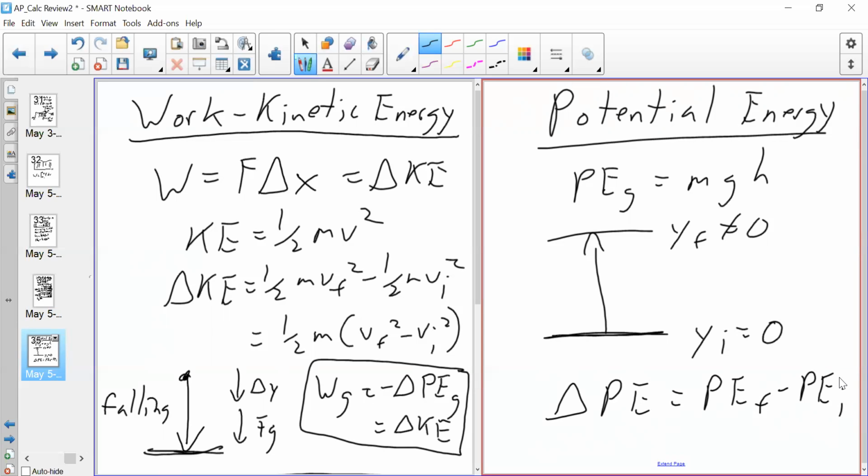You can also talk about the potential energy at each of the points, which is basically what we're doing here. So at this point, this is going to be final, and this will be initial. The delta will just be the difference in the potential energies at those moments. This equation here is just the potential energy at that point, and delta PE is just the difference between the points. And you can make any of those points 0.